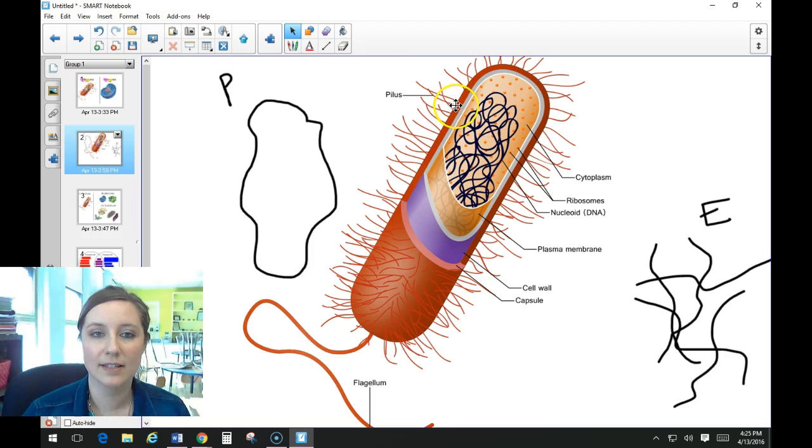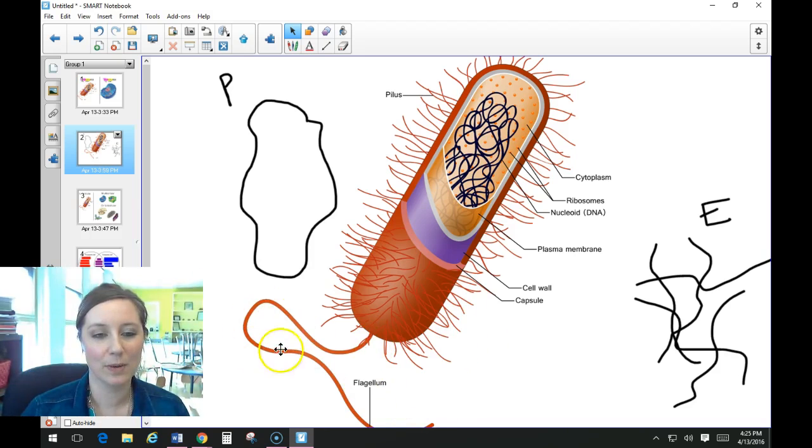What the pilus does is it allows the bacteria cell to hook on to another cell, and it's how it transfers its DNA over. You'll learn a little bit more about that later in the section, and how bacteria actually work and how they make us sick. But the pilus is very important for infecting other cells.